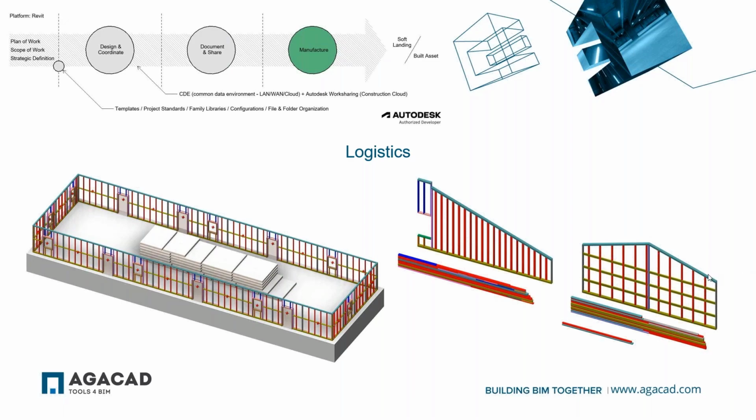But Panel Packer is a solution for logistics. So you can pack either individual structural members or entire wall, roof, or floor panels. And more likely this would be used by someone dealing with prefabricated construction.